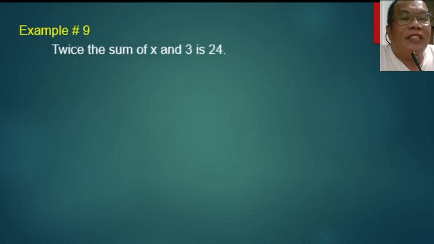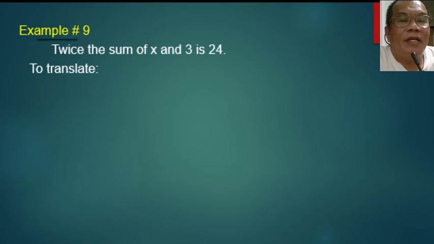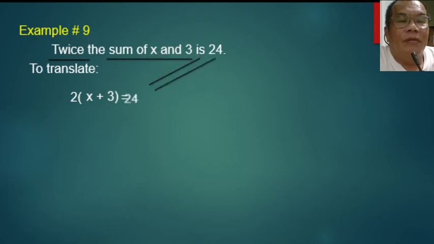Okay, so twice the sum of x and 3 is 24. How will you translate that? Twice the sum, meaning 2 times, and the sum of x and 3, so that is x plus 3, which is equal to 24.